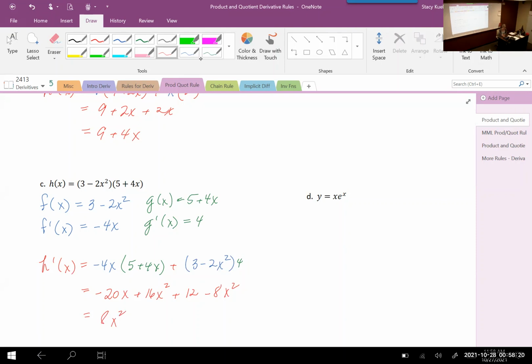It'd be a negative. Which part? The 16x squared would be negative. Oh, you're right, thank you. So it would be what, negative 24? Negative 24x squared minus 20x plus 12.